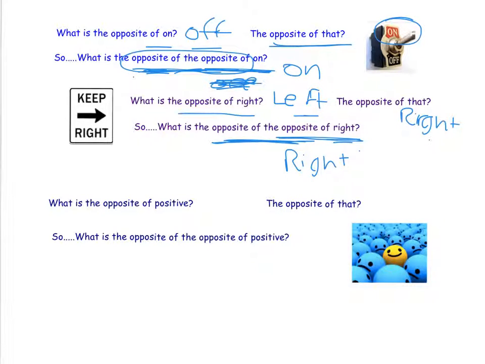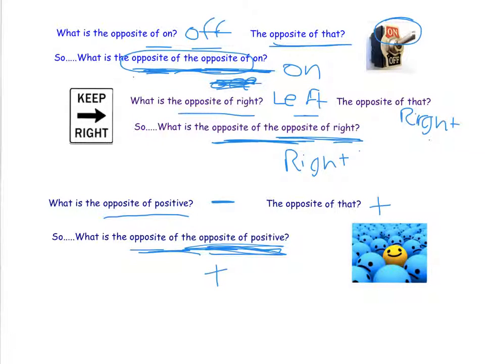One more time. What's the opposite of positive? Negative. What's the opposite of negative? Positive. So what's the opposite of the opposite of positive? Well, if the opposite of positive is negative, the opposite of the opposite would be back to positive.